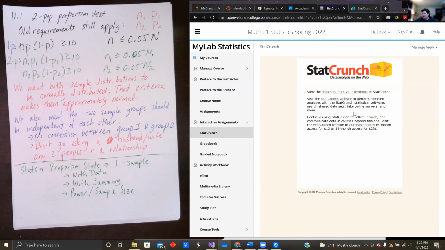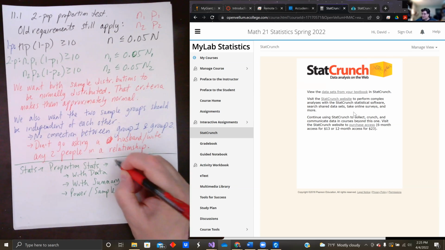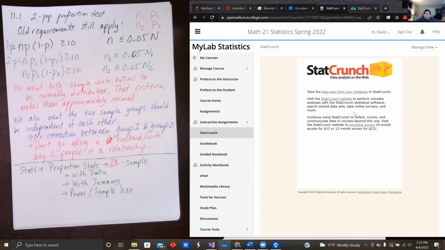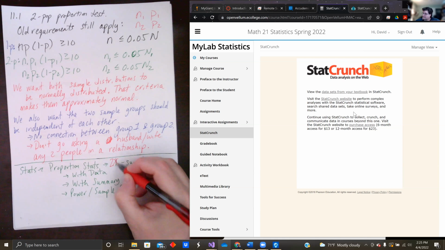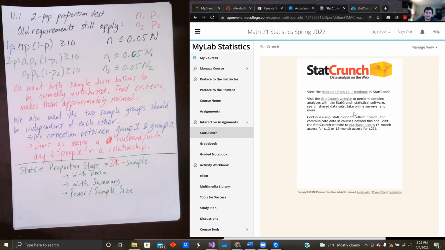And guess what happens here? There's only one change. Now it doesn't say one sample, it says two sample. We're going to click on the two sample tab, and it has all the same options, same choices.